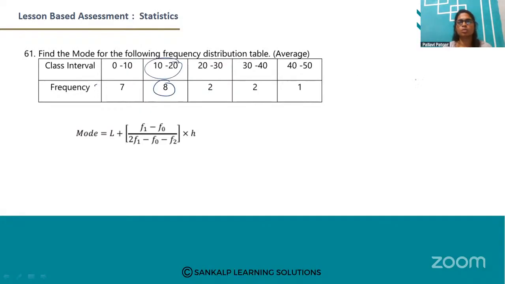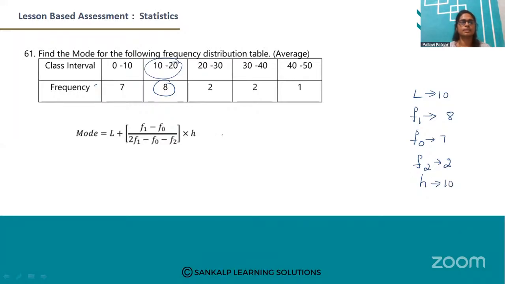The lower limit of the modal class is 10, F1 is 8, F0 is 7, F2 is 2 and H is 10. So apply the mode formula.